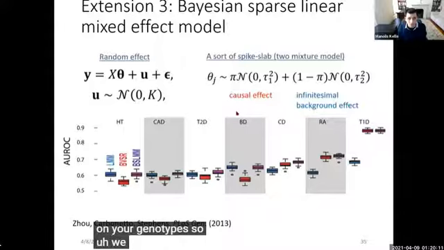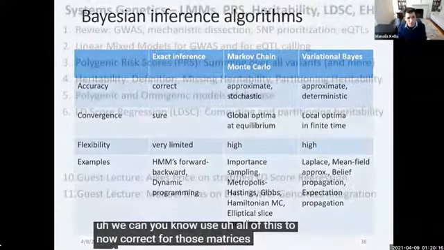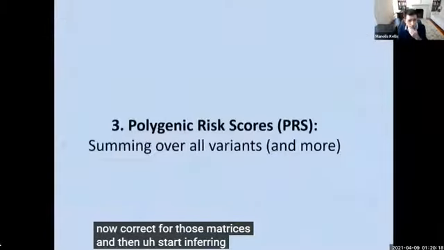So we can use all of this to now correct for those matrices and then start inferring that.